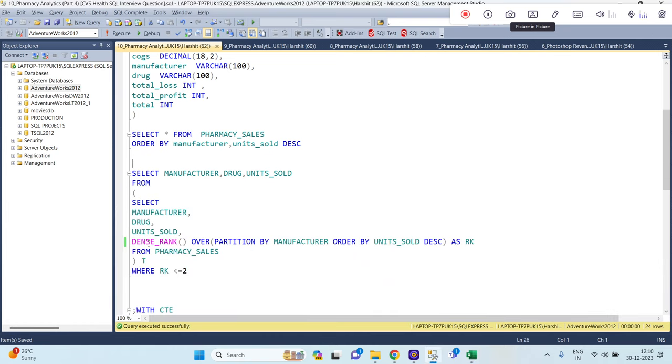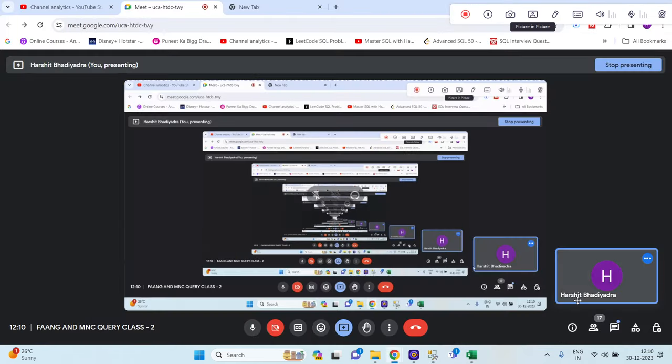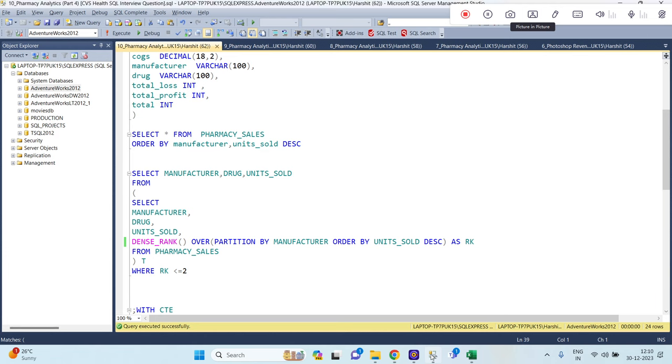Now, can anyone tell me the top two lowest units sold, manufacturer wise? So for that, what change do I have to do in this query? Top two lowest units sold for each manufacturer.